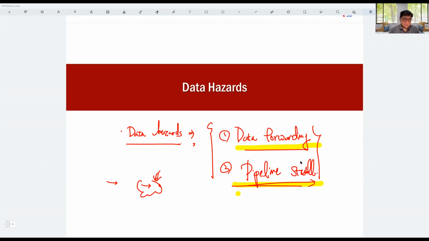In this case, if the very next instruction requires the data from this load instruction, it cannot be forwarded to the following instruction, because the result will be generated at the end of the memory stage. So in this case, we need to apply pipeline stall. You need to remember these two approaches: the first is data forwarding, and the second is pipeline stall.